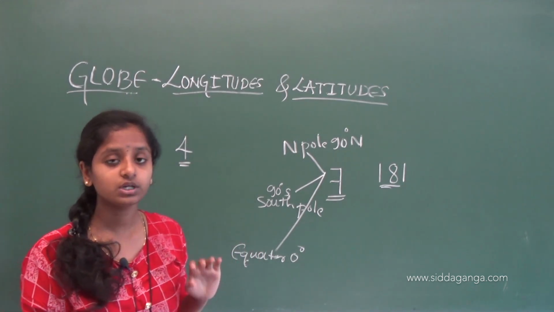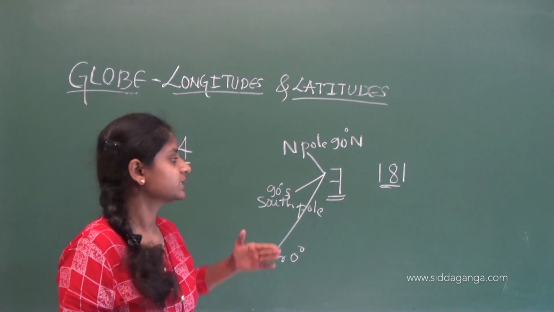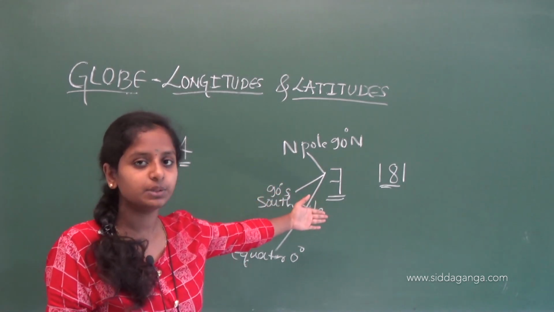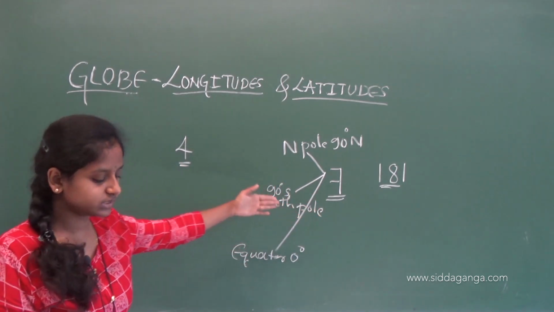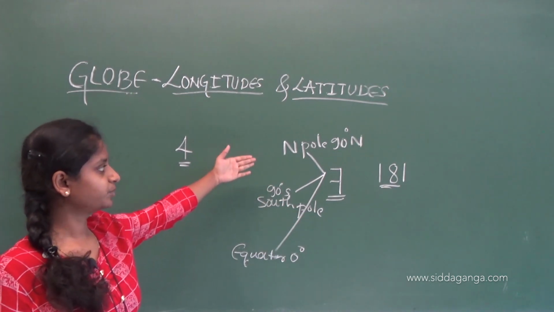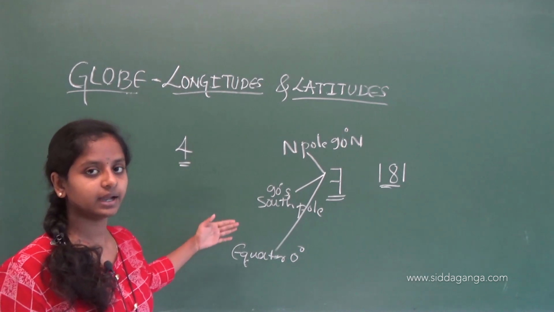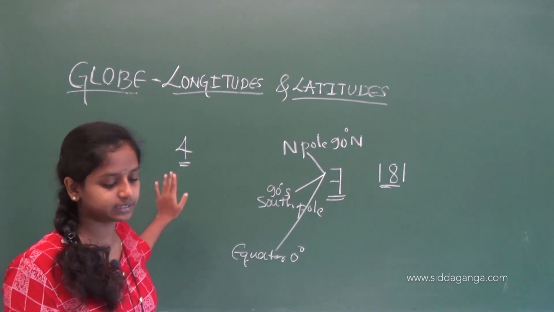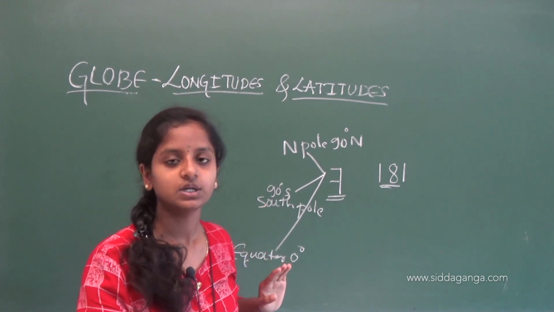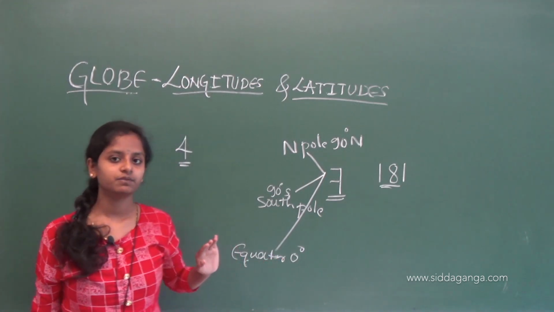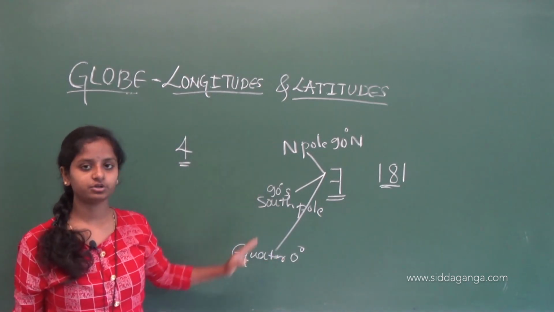So in the total 181 latitudes, there are 7 main latitudes. In that, the North Pole, South Pole and the equator, and also 4 other latitudes will be there. In the previous class we have seen these 3 latitudes.